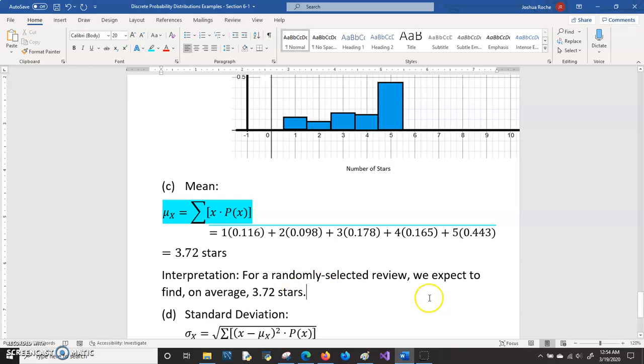That's the expectation, that if we were to pick out some review at random, on average we would see around 3.72 stars.